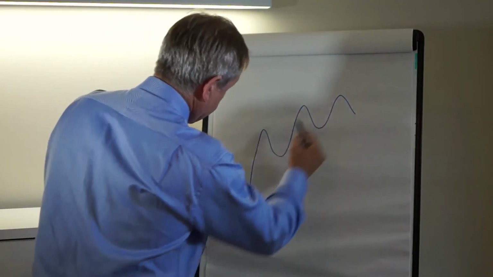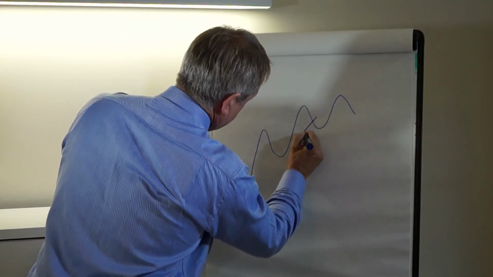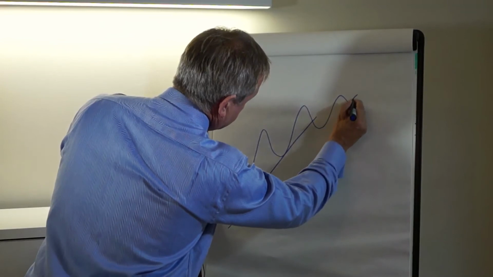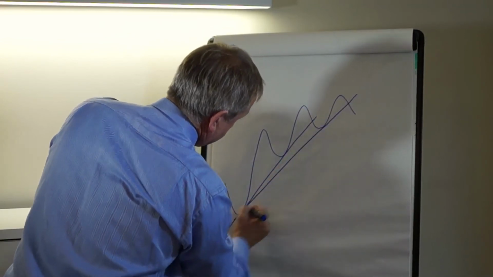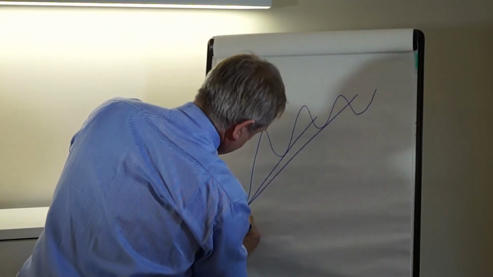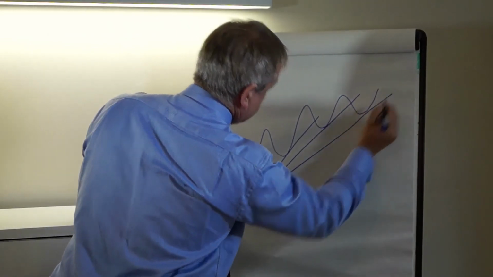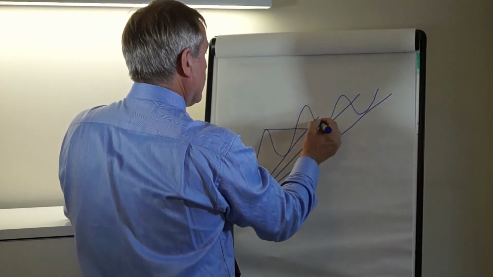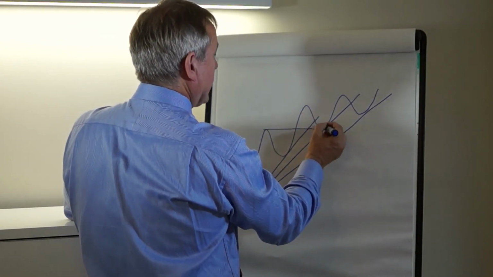Let's have a decelerating trend. Here's your first trend line. But when it decelerates, you have to draw another trend line. And when it decelerates again, you have another trend line. Notice that it broke this trend line, but it didn't break that.